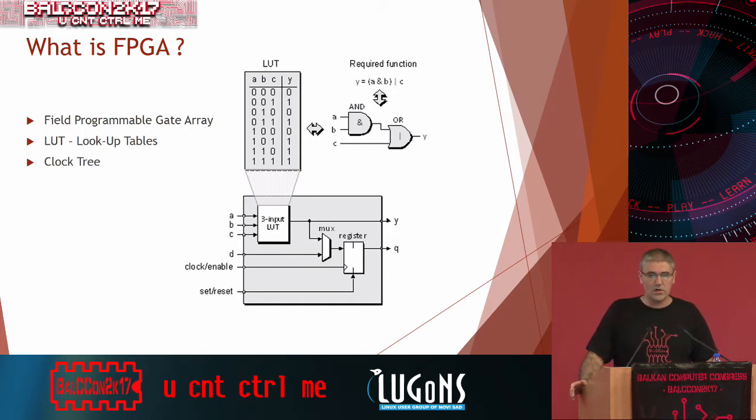You don't do multi-clock designs, because when you do that, you have a problem if you don't do it the right way. There are tricks which can save you from that. But the clock tree means you have one dedicated pin which gives you the clock signal, and that clock signal is then propagated like a tree to all the elements.